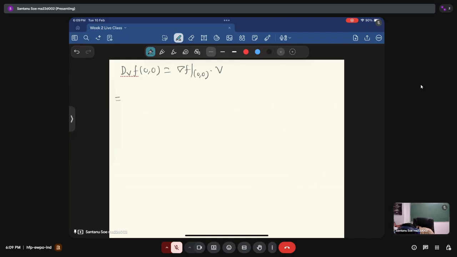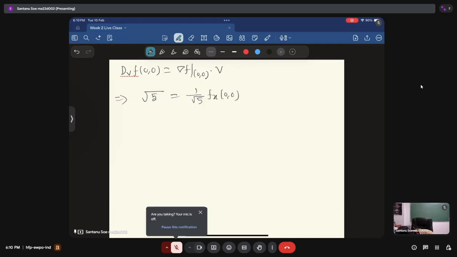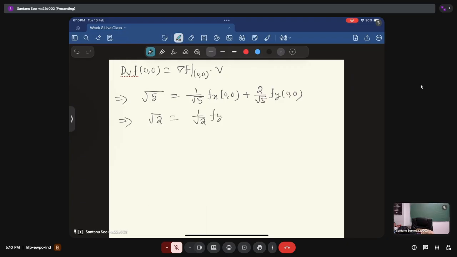Since D_u f(0,0) is root 5, this is going to be square root of 5 equals 1 by root 5 fx(0,0) plus 2 by root 5 fy(0,0), and similarly square root of 2 equals 1 by root 2 fx(0,0) minus 1 by root 2 fy(0,0).